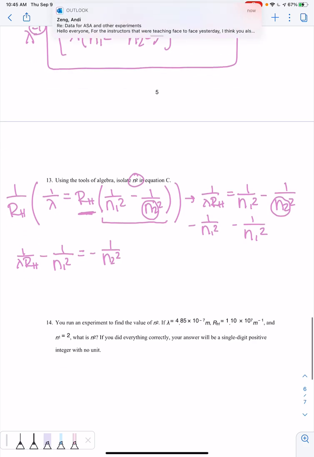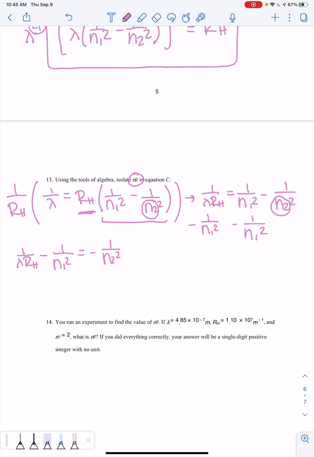And so it gets a little bit tricky right now because we have not only a negative sign in front of our fraction, but we also have N2 squared on the bottom of our fraction. So we're going to deal with both of those at the same time. So to get rid of the negative sign, we're just going to multiply everything by -1, because -1 times -1 is equal to +1. And then since we want to get N2 squared on the top of our fraction, we're also going to take the minus exponent.